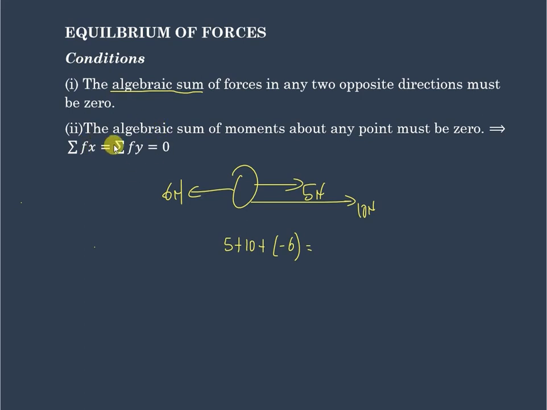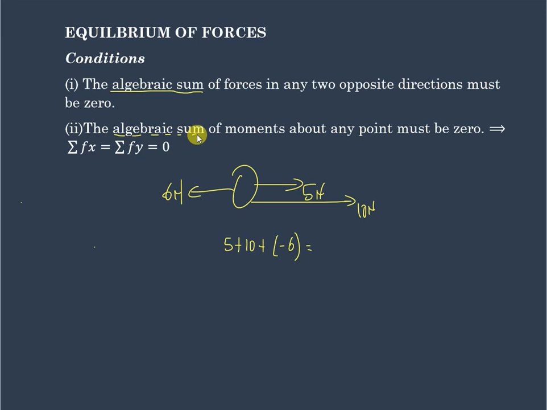The second condition is that the algebraic sum of moments about any point must be 0. Still, the word is there, algebraic sum.